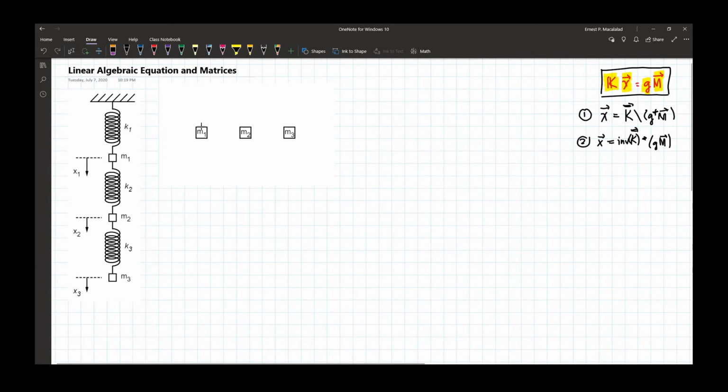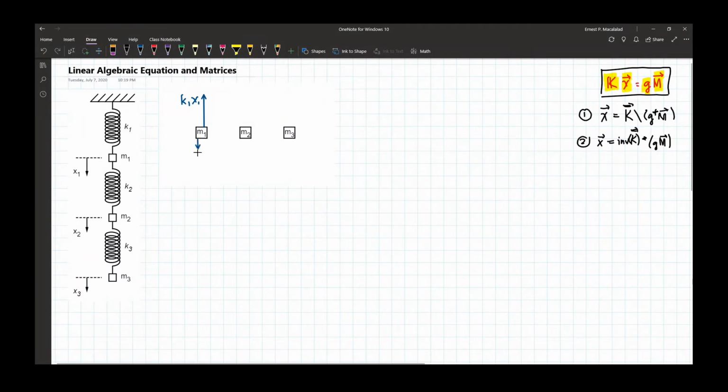First force would be the force exerted by K1. So we're going to identify the springs by their spring constants. Okay, so this will be for K1. So the magnitude of the force would be K1 x1.